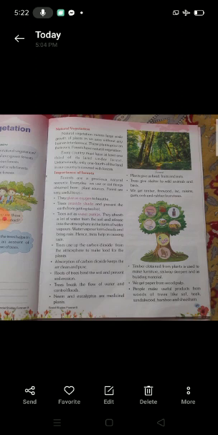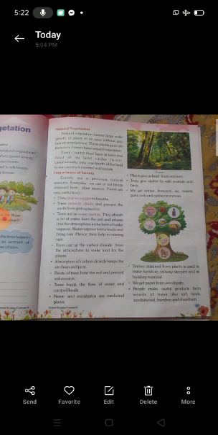Trees take this carbon dioxide, and they give us oxygen. If there are no trees in the atmosphere, then what will happen? All this carbon dioxide will become a great problem for the people who live on earth. If there are many trees, the carbon dioxide level will decrease.